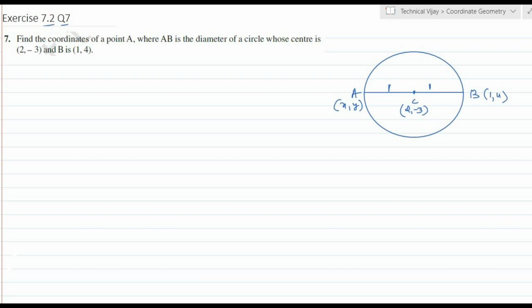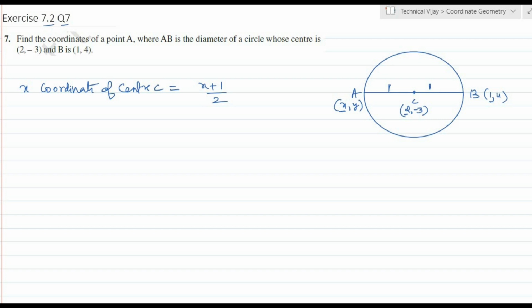Now we will use the section formula. Here C is at the midpoint of A and B. The x coordinate of center C is (x plus 1) divided by 2, because it is (x1 plus x2) divided by 2.